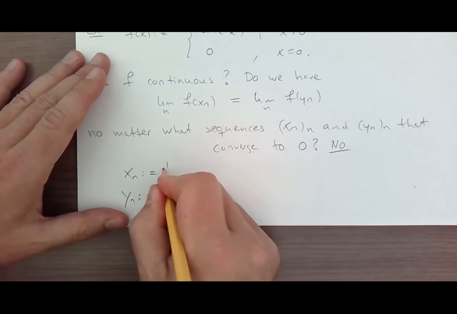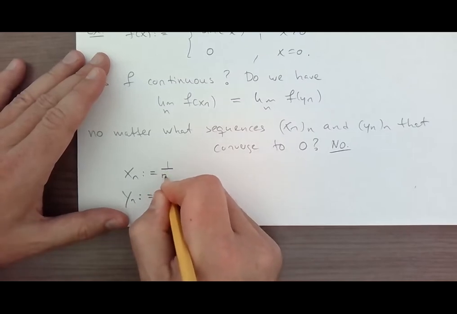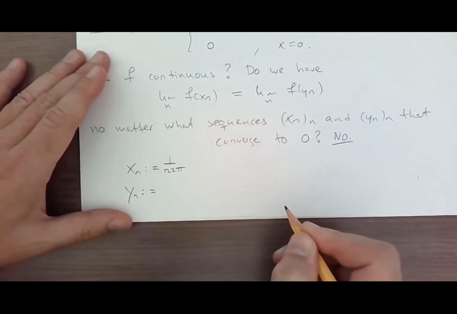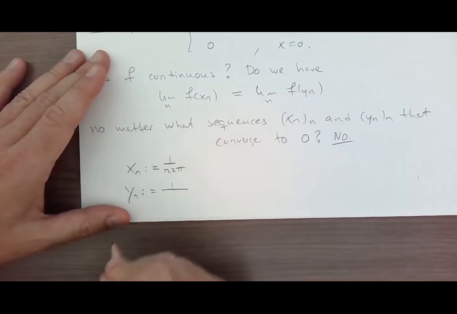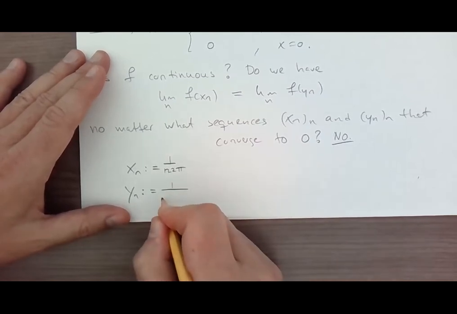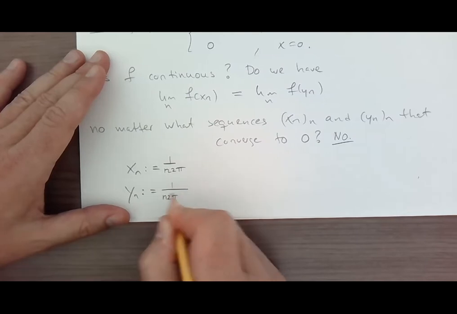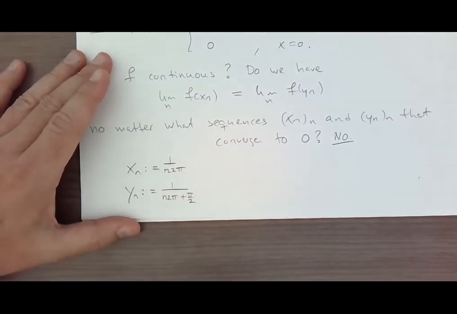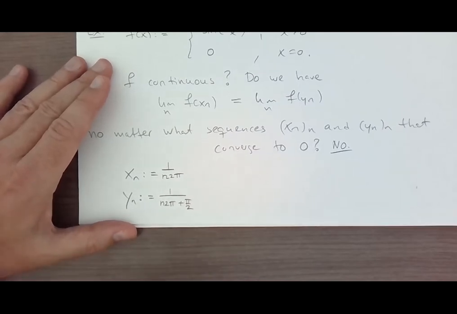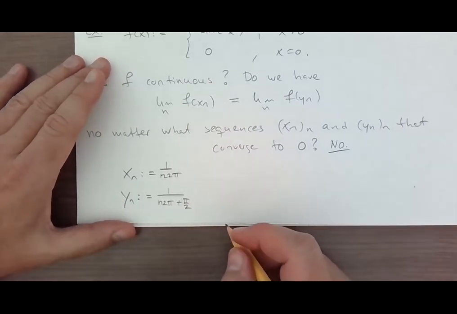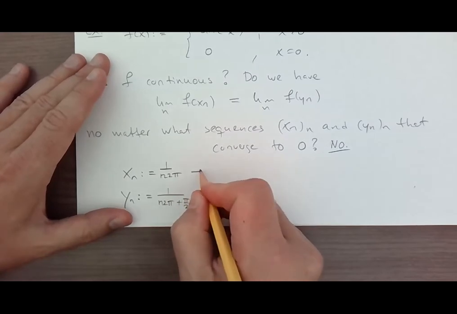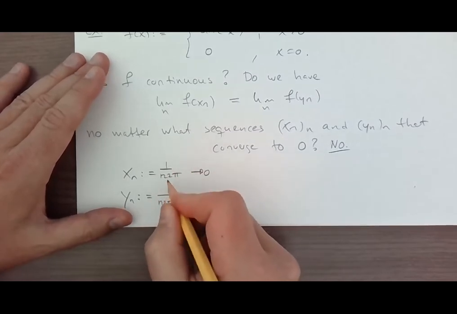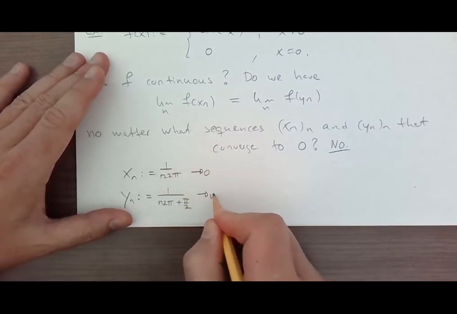If you take 1 over n times 2 pi, and then the other one is 1 divided by n times 2 pi, off-kilter a little bit with pi over 2. These converge to 0. As n explodes up to plus infinity, this goes to 0, and this goes to 0.